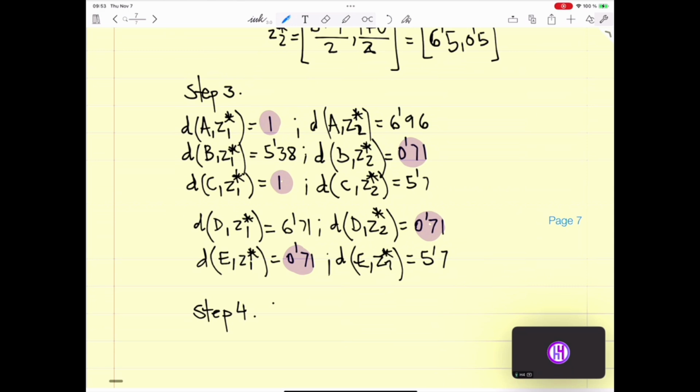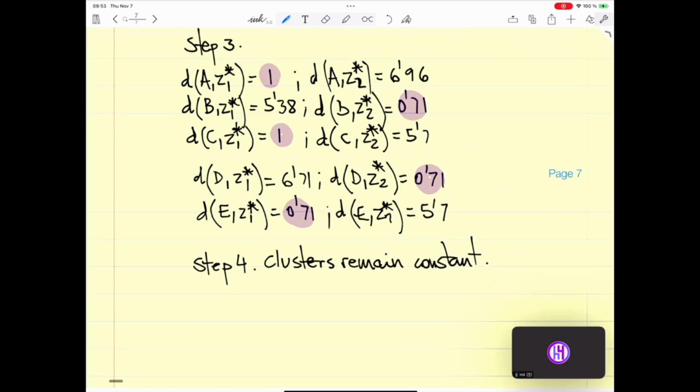So the clusters remain constant, we can close the algorithm.